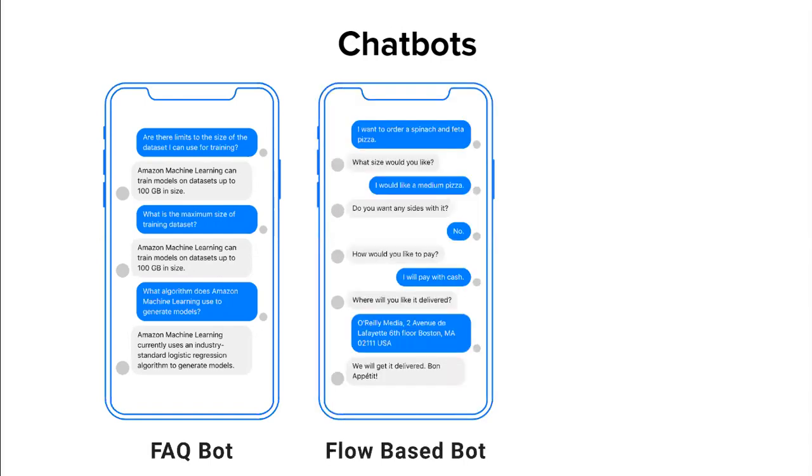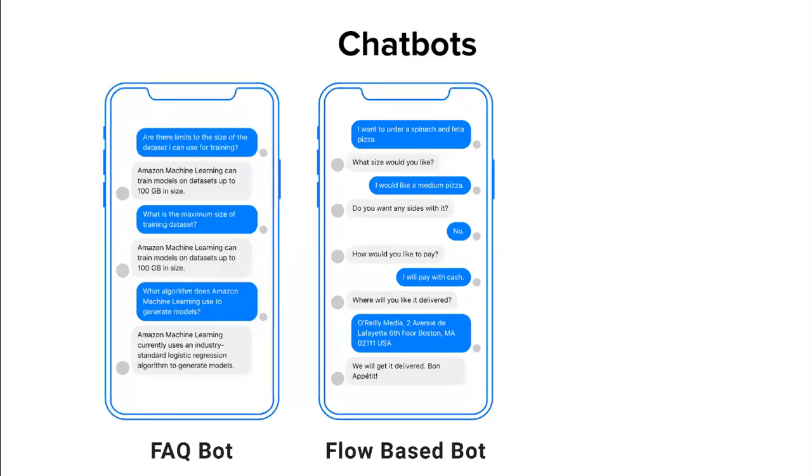And then there is a flow-based bot where you have to hold some conversation with the user about a particular task, say, ordering a pizza, as shown in this example. So when the user says, I want to order a spinach and feta pizza, the bot should then get information from you about what size you like, what toppings you want, do you want extra cheese, things like that, and eventually end up delivering your pizza.